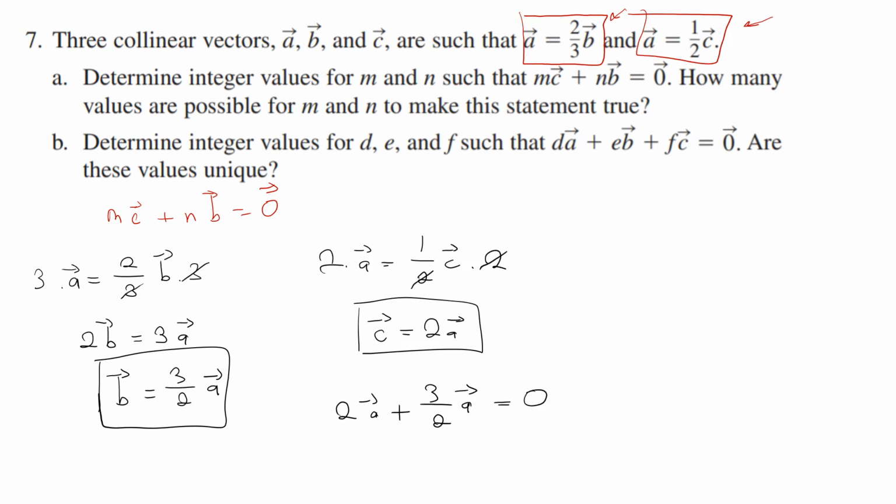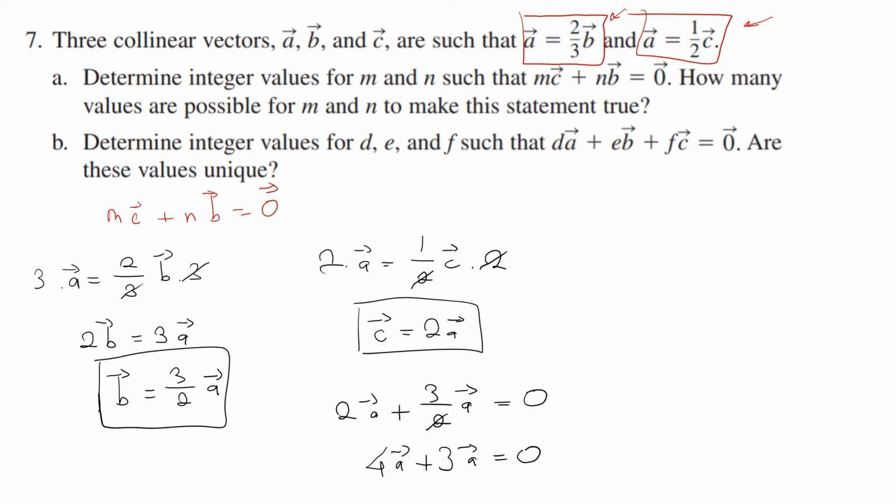From here, I can multiply each side by 2. If I do that, I'll get 4a plus 3a equaling 0. So I have 3a left.